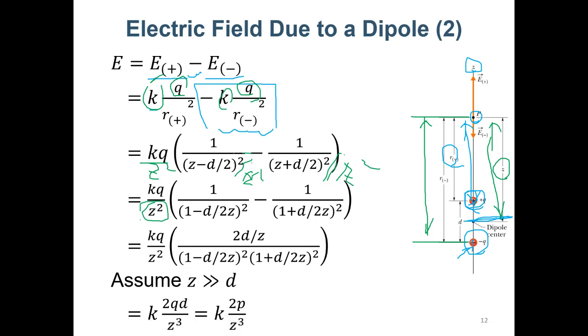Then we cancel the z. So this is 1, and this is d over 2z. And similarly for this term. So we try to subtract them, which is simply like this.